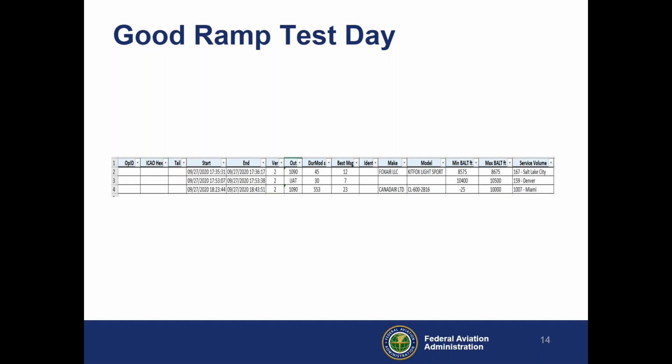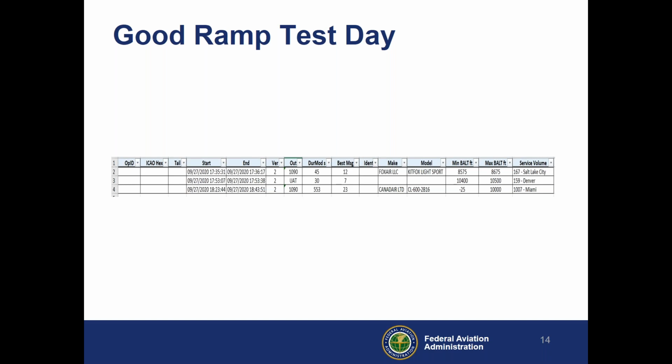But the key thing to remember is that if you power an aircraft up for a configuration test and decide to change configuration, you need to power the aircraft down, end that operation ID, and then start a new one, so you can keep track of your configurations and your times. Then we can point out, we saw your first two, but we didn't see your last one, so whatever configuration you used in your last, you were good to go.